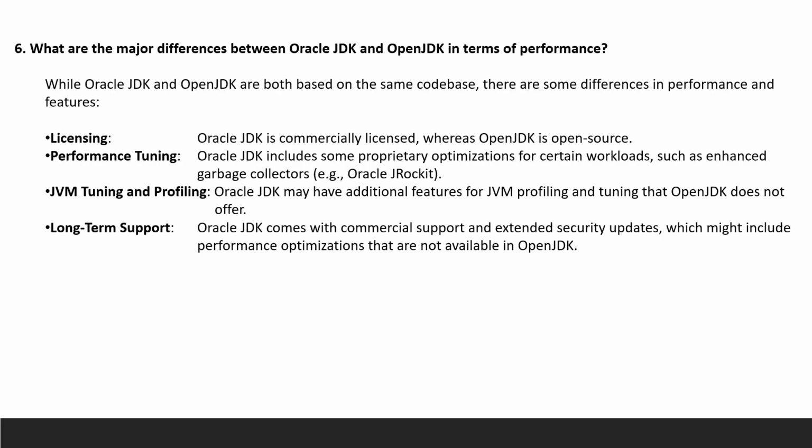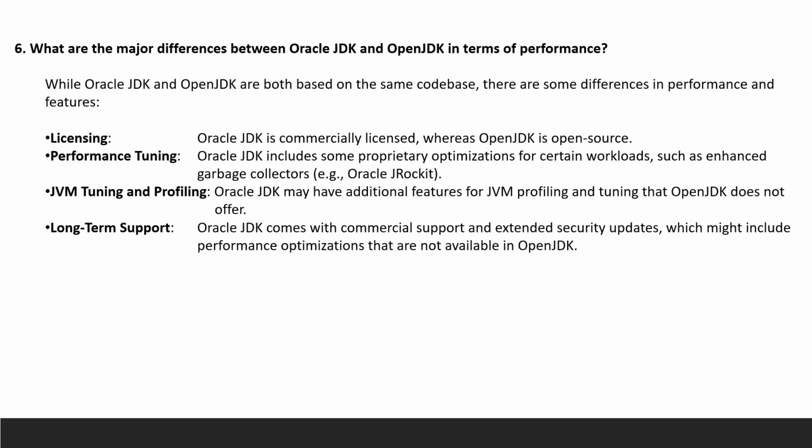Long-term support. Not all versions are long-term support. Few versions are long-term support, like JDK 8, 11, 17, or 21, the latest one. These are the LTS, long-term support, versions. Both Oracle JDK and OpenJDK have long-term support.